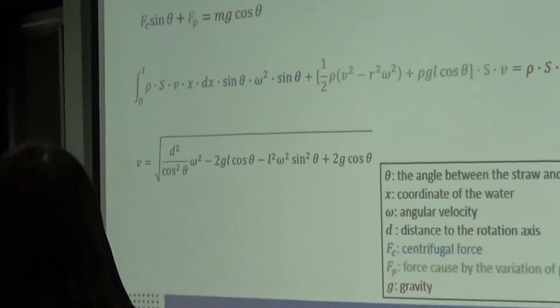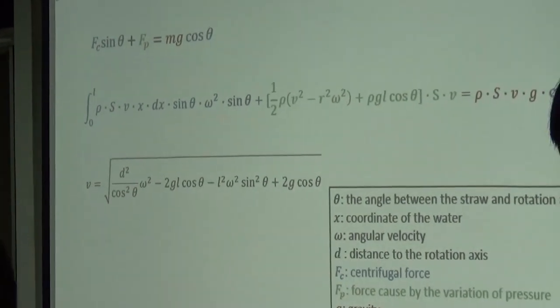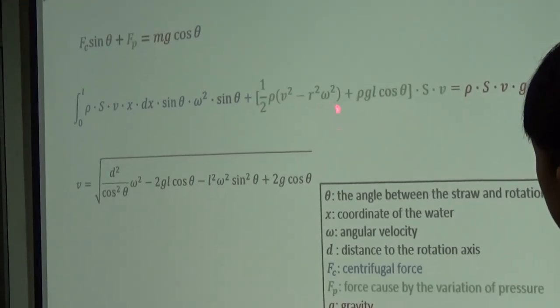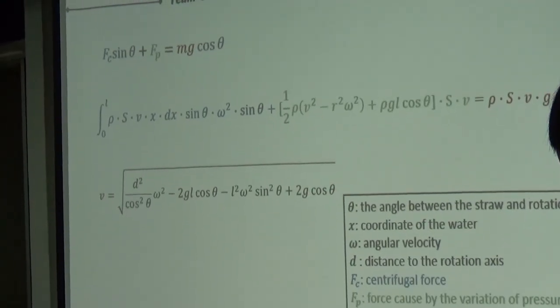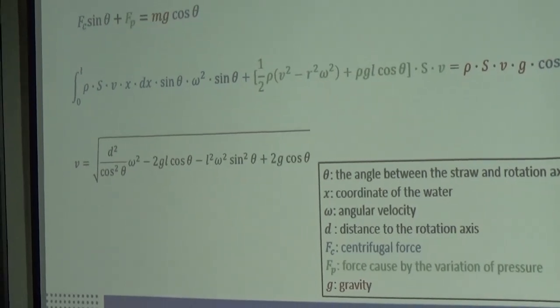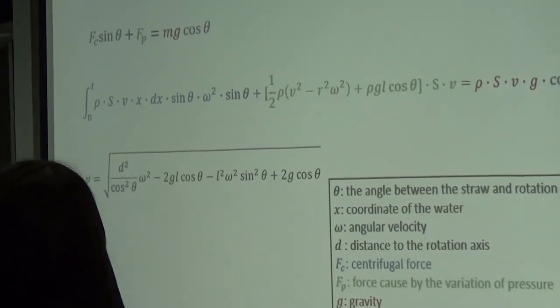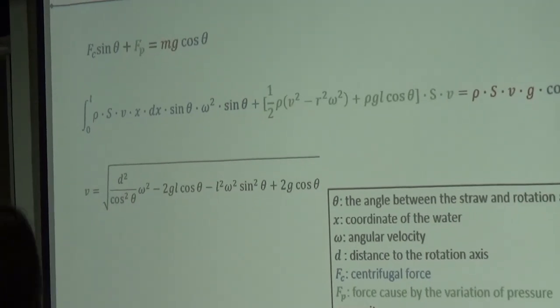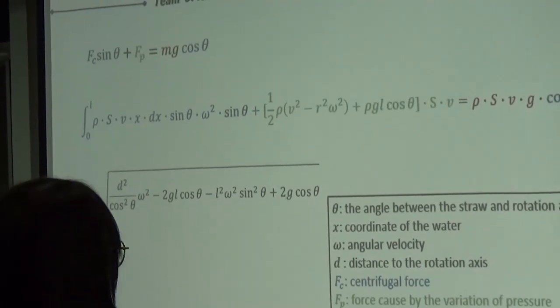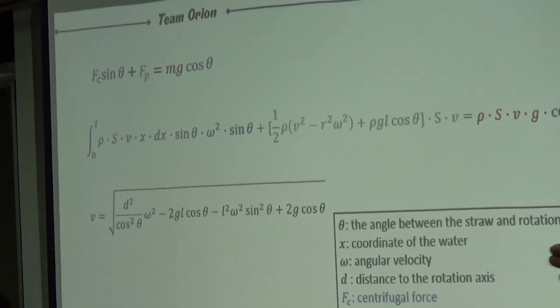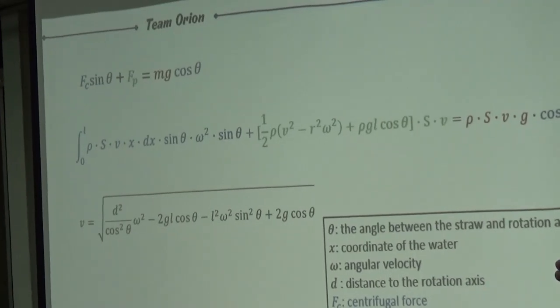Can you say that again? In the equation, on the right-hand side, there's one term whose unit is different from the others, the dimension. In the square root there are 4 terms, and one term has a different unit.